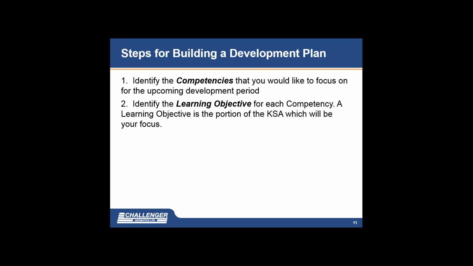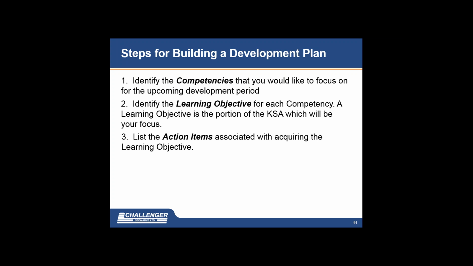And then maybe next year your goal or your task will be to focus on another component within the same competency, depending on how things are going. So the learning objective is designed to help you focus in on one area of that particular competency.